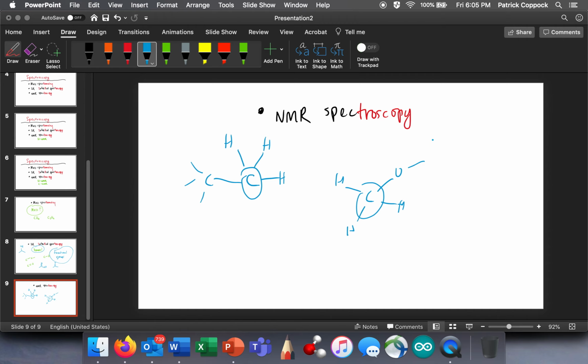So let me write that word down. We're going to be measuring electronic environment, and in the end we're going to get from that connectivity, how things are connected.